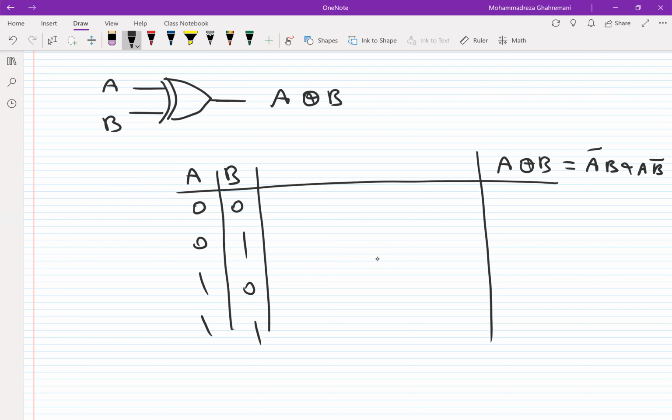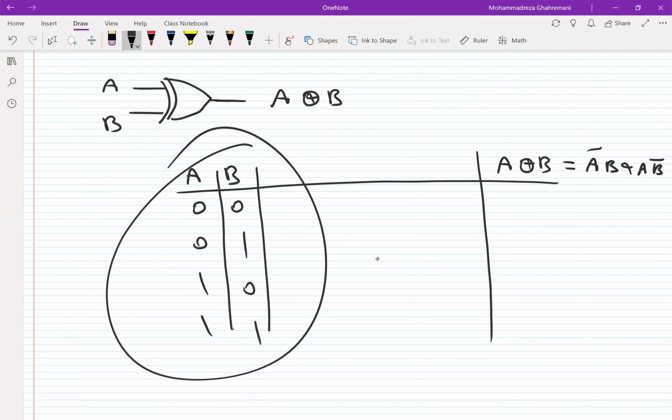Based on the definition, we know that the output is one if and only if an odd number of the inputs are equal to one. So for two inputs, the odd number means that only one input is equal to one.